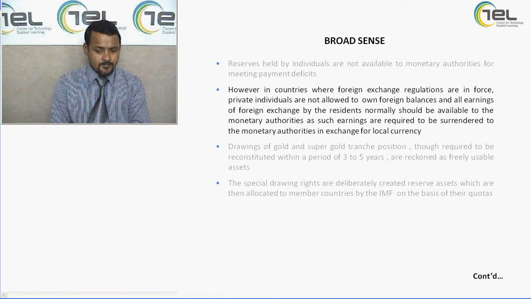So that acts as an added incentive for depositing all the reserves earned during a period of trade with the monetary authorities of your country.